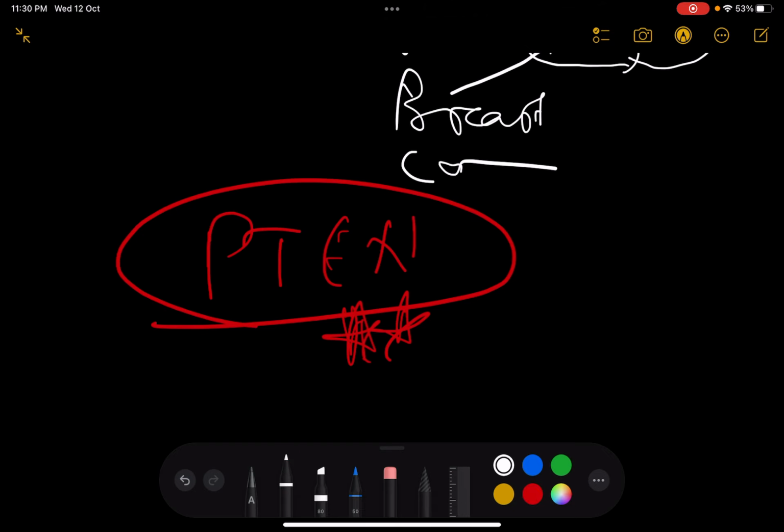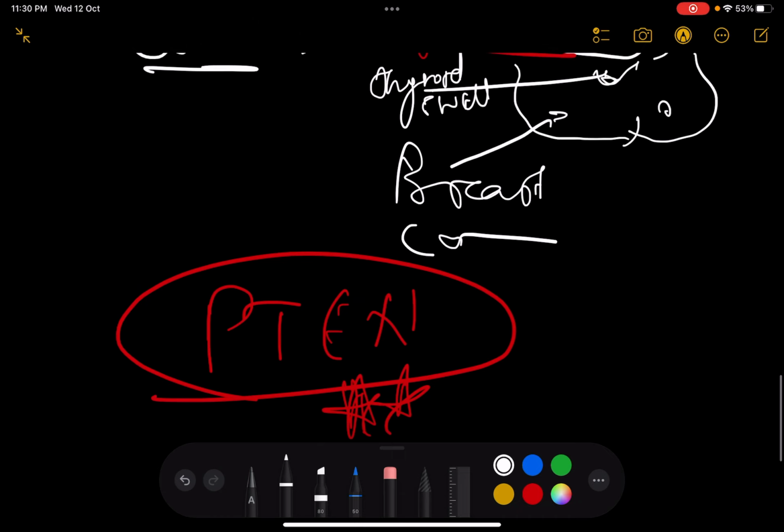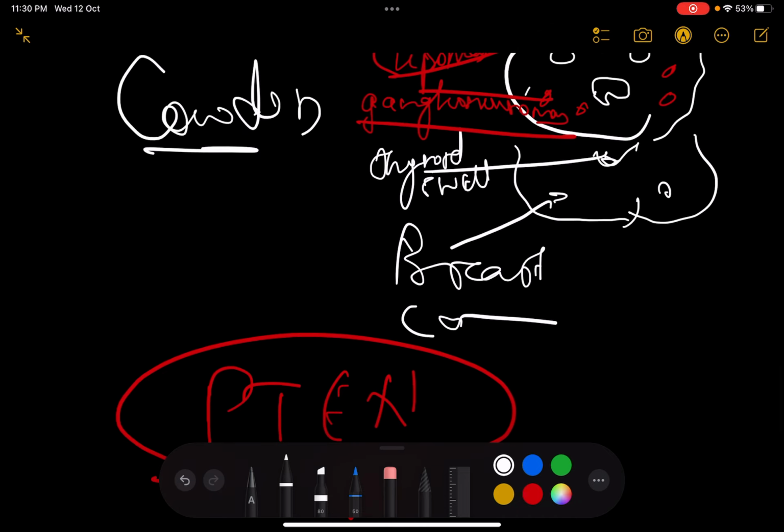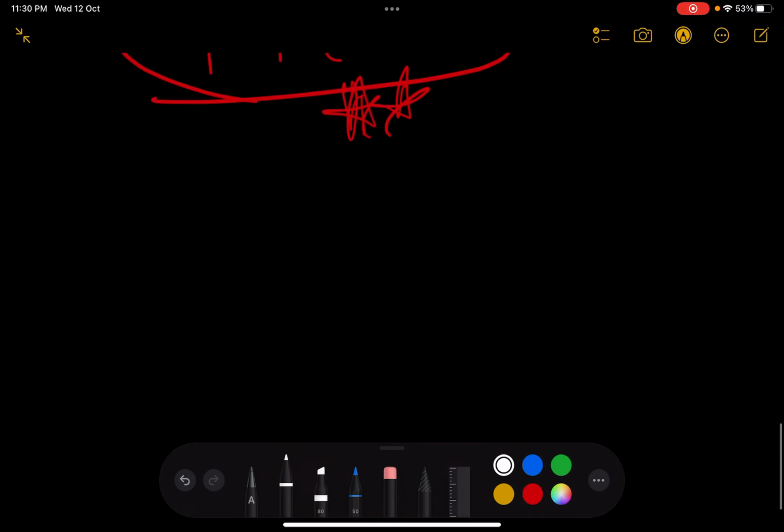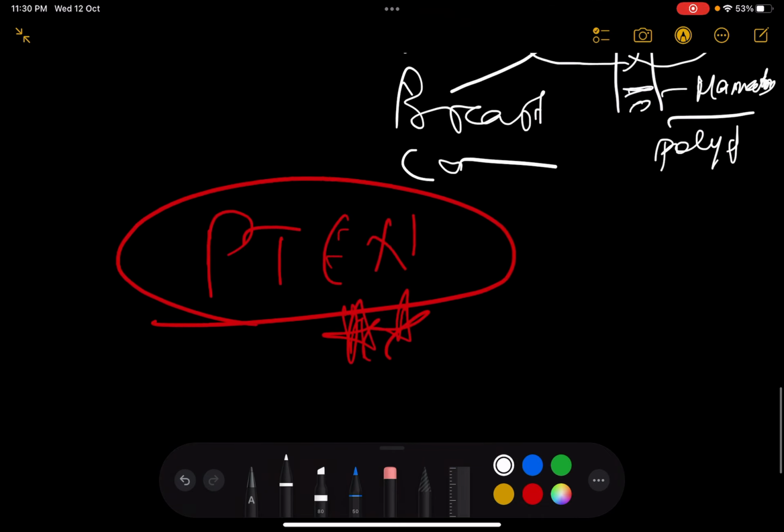Our next very important disorder, that obviously we did forget about the GI, I wanted to make a point. I'm writing this down because there are hamartomatous polyps also seen here, which are not malignant, obviously.